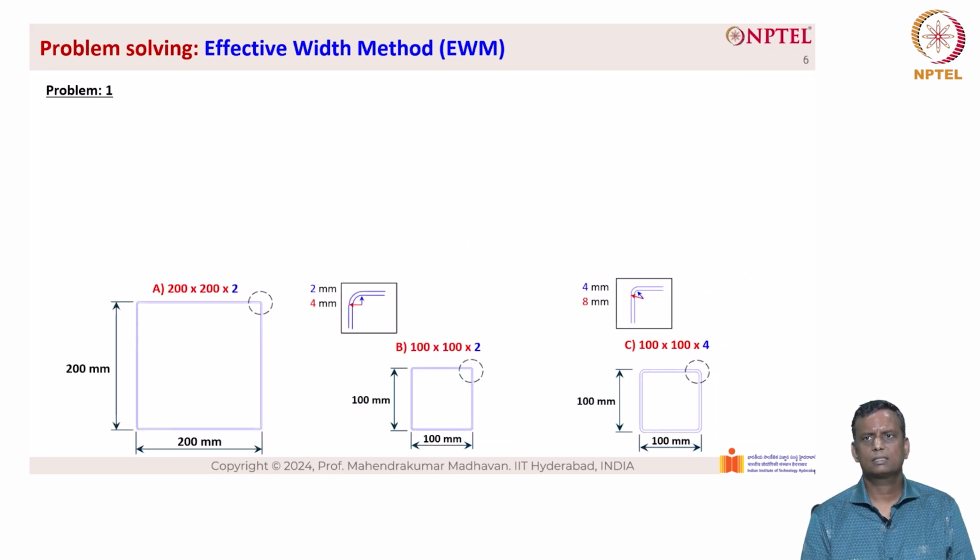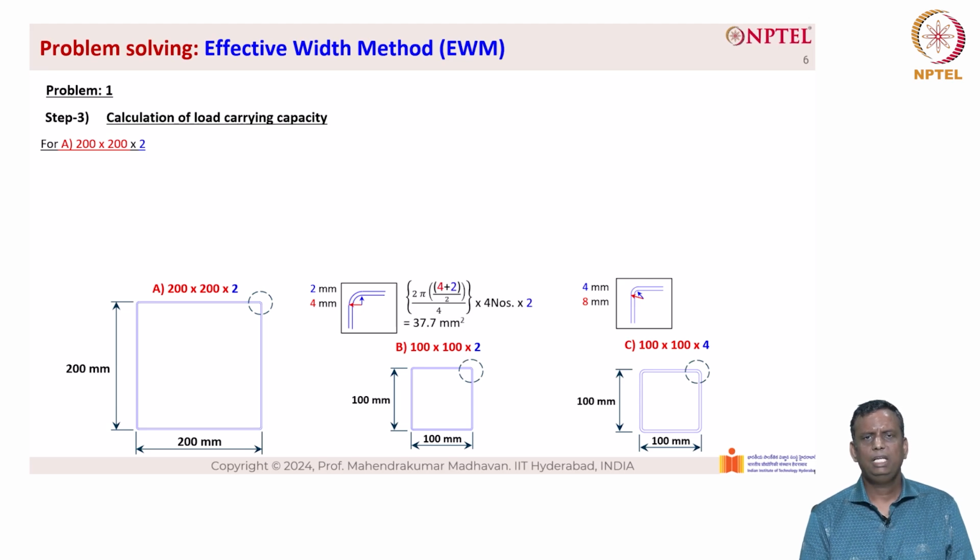So now let us calculate the capacity of each one of those cross-sections. For the load carrying capacity of cross-section A, which is 200 by 200 by 2, we need to add the corner radius area. The corner area is given as 2 into pi into (4 plus 2)/2, divided by 4, into 4 numbers into 2.